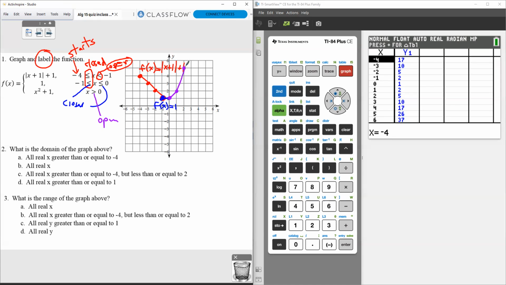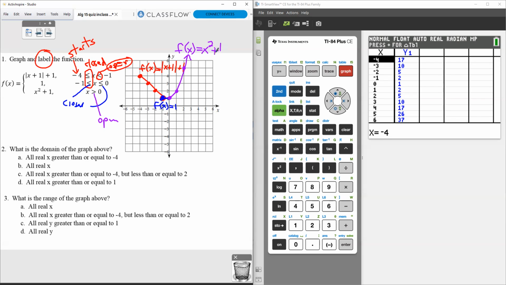But be careful on this one, it's going to be an arrow at the end because it's not stopping. There's no stopping point on that. Some graphs stop, some graphs don't. If this says x is greater than 0, it keeps on going. We want all the values that are greater than 0. And then you need your f of x equals x squared plus 1 label.